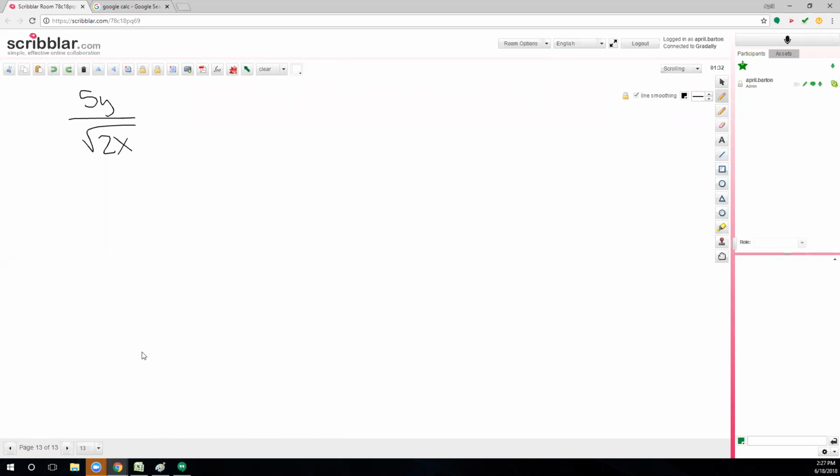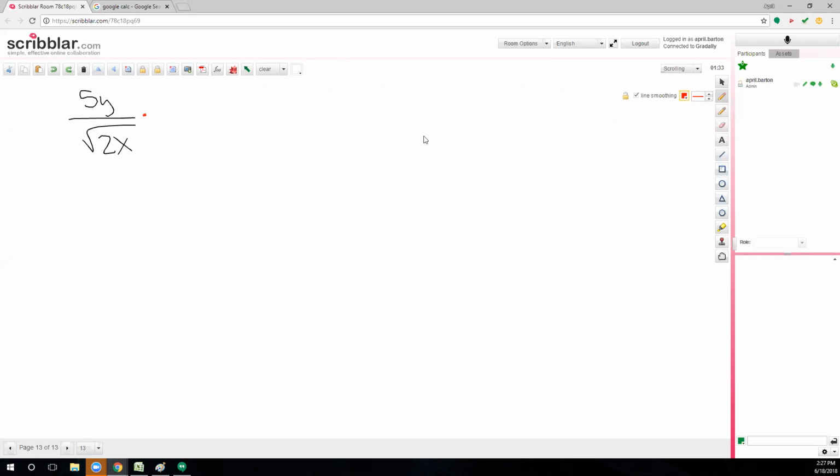This is not considered simplified because there's a radical down here. So they came up with a process called rationalizing the denominator. And it's kind of a weird process because most of the time you see, hey, I need to do an opposite. You know, there's something in the expression that tells you kind of what to do. This one, it kind of feels like we're pulling stuff from thin air.